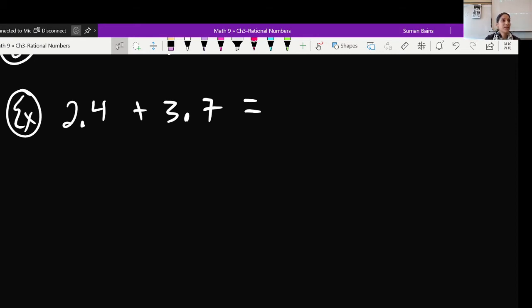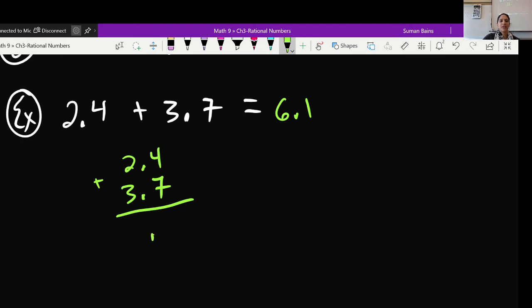Anybody want to share what they got? Sure, Claire? 6.1, everybody okay with that? Okay, and if these are both positive, and you find it easier, you can line them up like this, where you're simply adding them, and you'd keep the decimal there. We know that when we add those together we would get this.